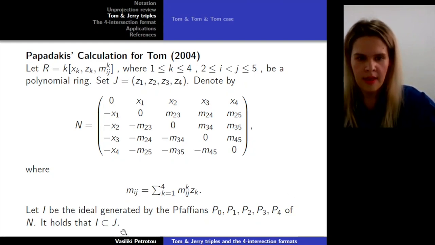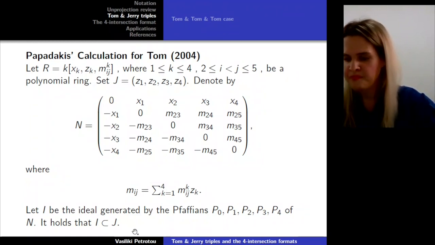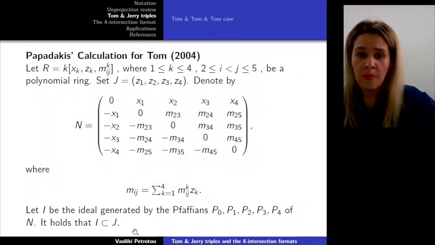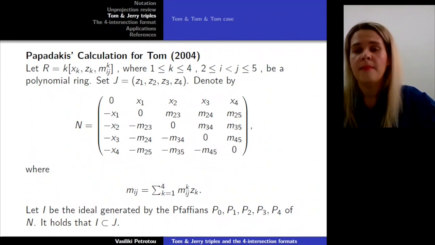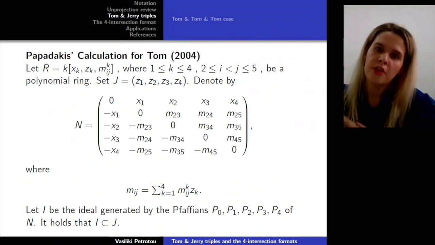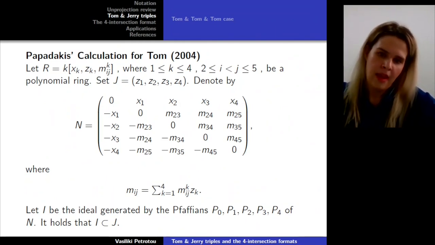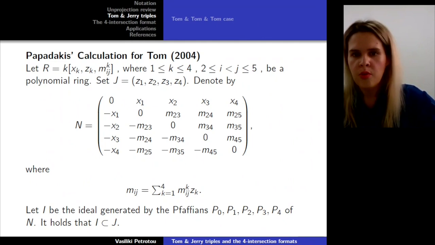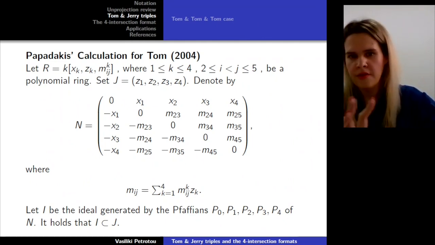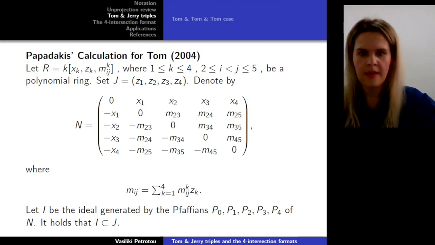Papadakis, using this unprojection pair, computed the codimension 4 Gorenstein ring which occurs for the Tom family. In the following two slides, I will try to give a sketch of the main steps of his computation that we will use below, as we will see.